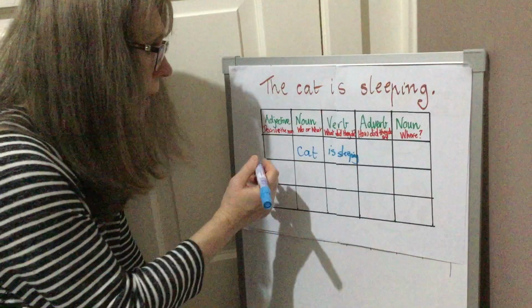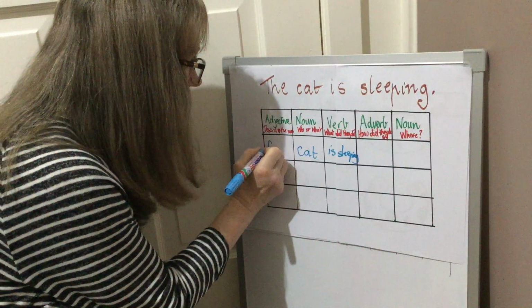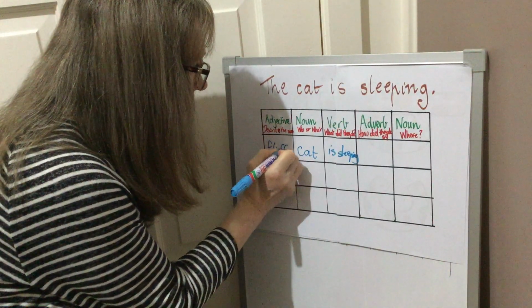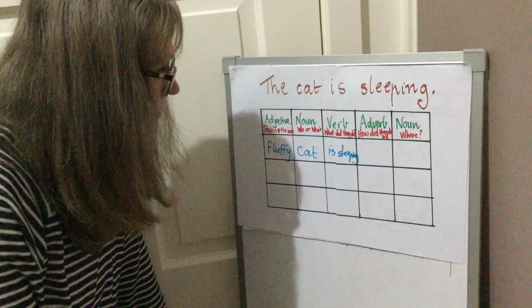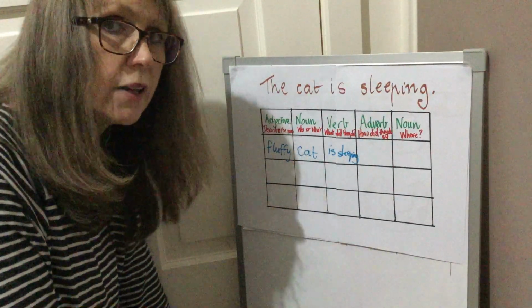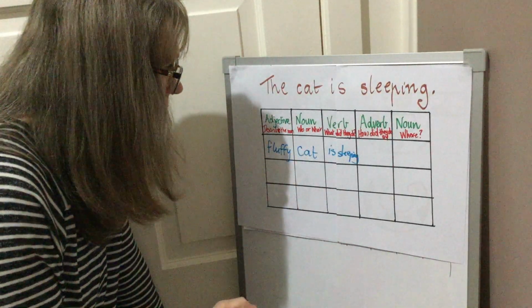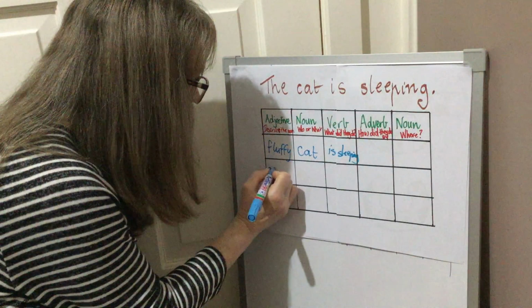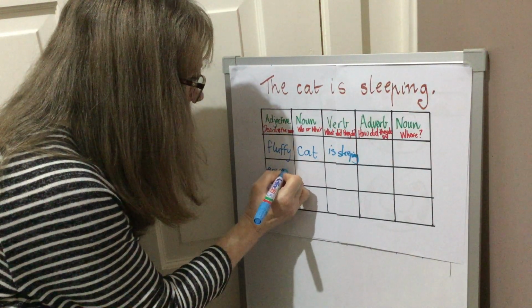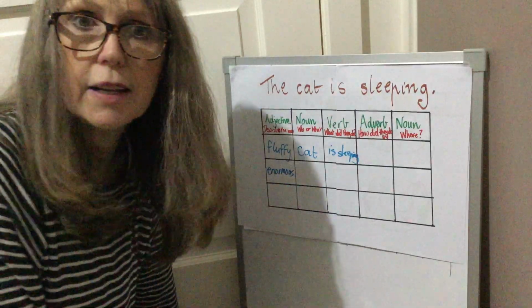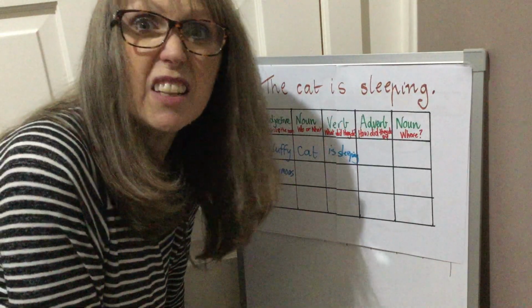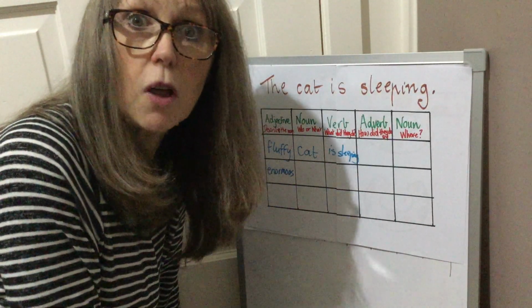I think it could be the fluffy cat, or it could be the enormous cat. We have a cat that lives near our house, and it is enormous. It almost looks like a lion.